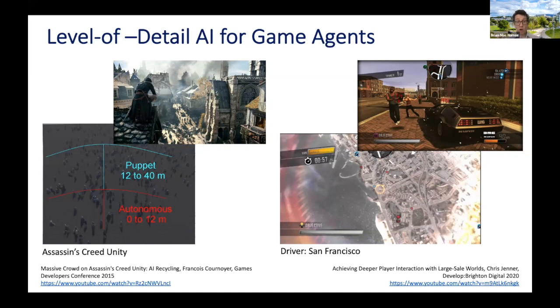So in big open world games like Assassin's Creed, or this slightly older one, Driver: San Francisco, they use exactly these ideas where agents right up close to the player are simulated to a very high level of fidelity, and then agents further from the attention of the player are simulated to a much lower level of fidelity. Sometimes there are interesting nuances there around not just basing that on spatial distance, but maybe trying to incorporate measures about how important agents are to, let's say, the plot of a game or the action of a game.